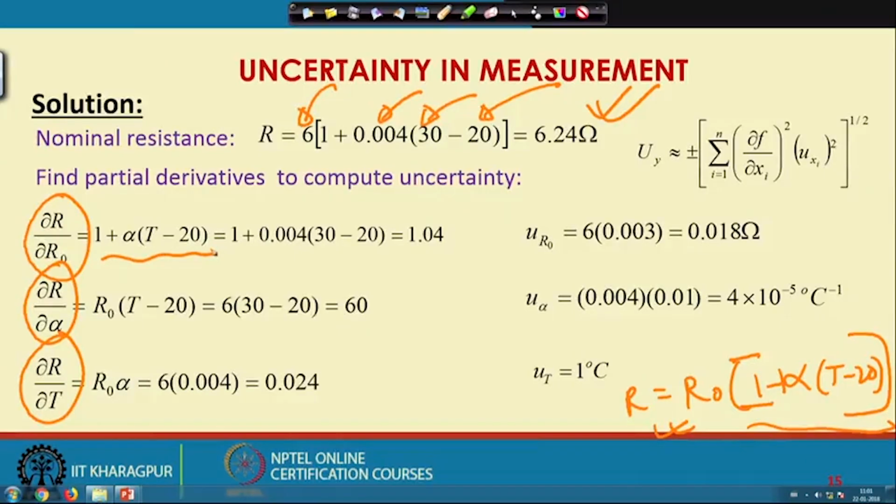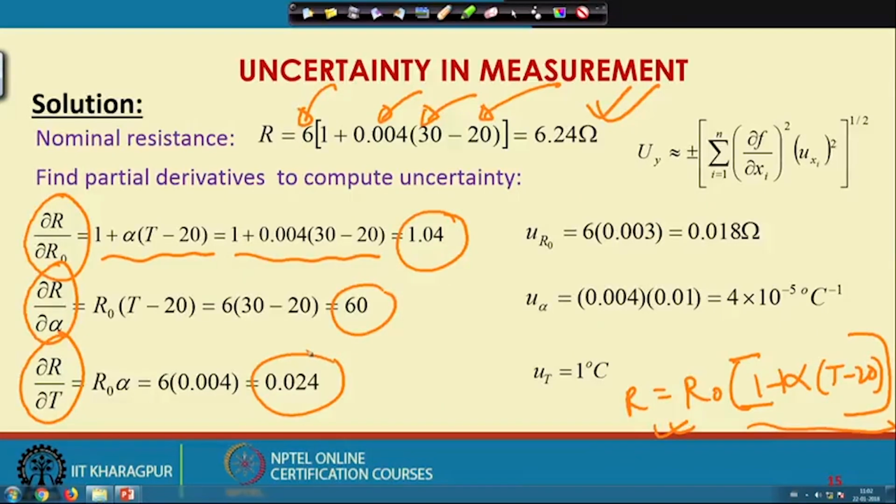So, put the nominal values of alpha and T equal to 30, you get del R del R0 as 1.04. Similarly, you find out del R del alpha as 60, del R del T as 0.024. And now, individual uncertainty.